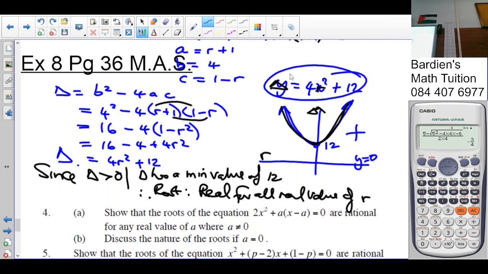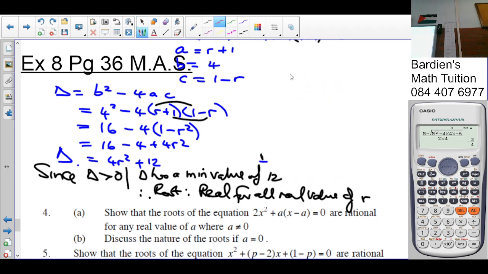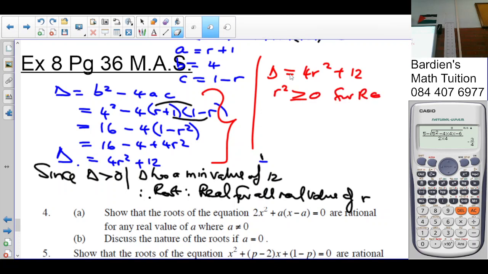Or we could have said as follows. Okay? If we take delta, which is 4r squared plus 12, whatever method you use, that remains the same. Your conclusion is just a bit different. With different ways you can represent your answer. You see, if we're looking at r squared, it will always be greater than or equal to 0 for r an element of real numbers.